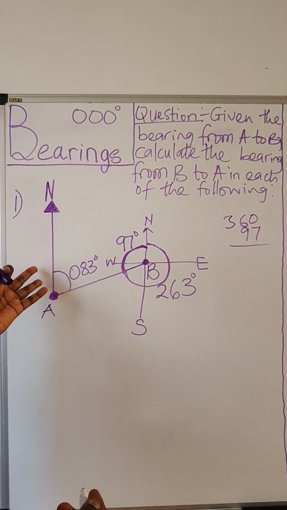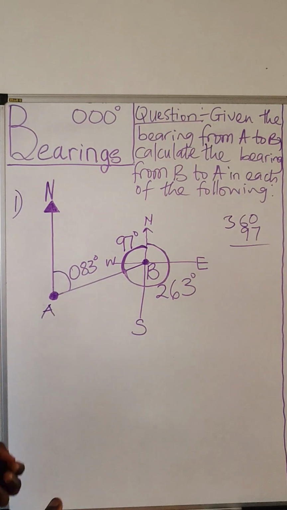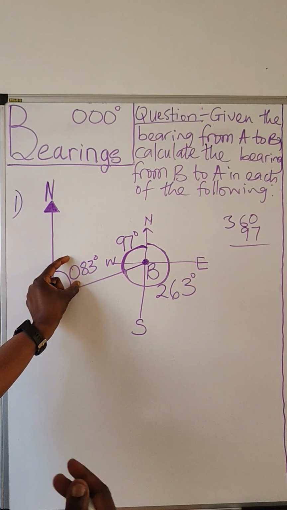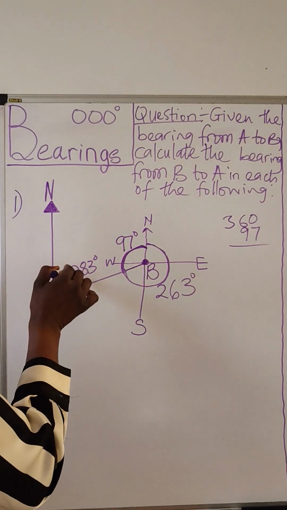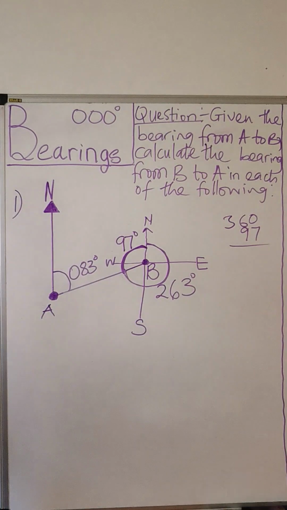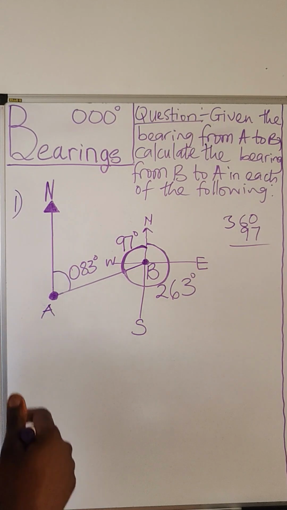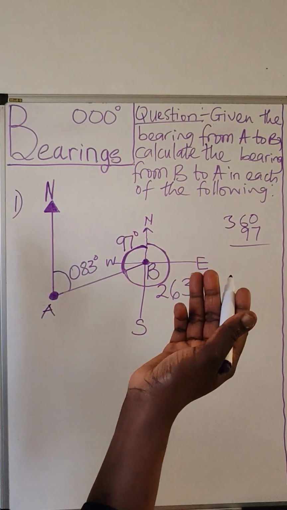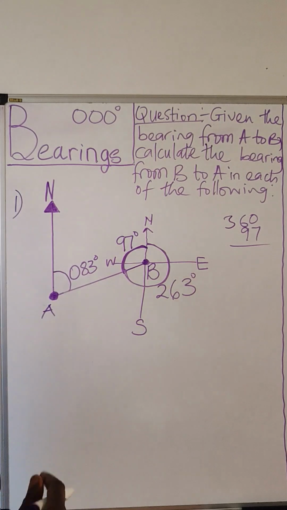In the opposite bearing method, when what we already have is up to 180 degrees, we add 180 degrees to get the opposite bearing. And if what we already have is more than 180 degrees, we subtract 180 degrees from the bearing that has been given.